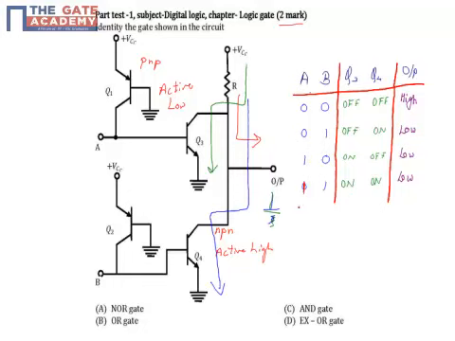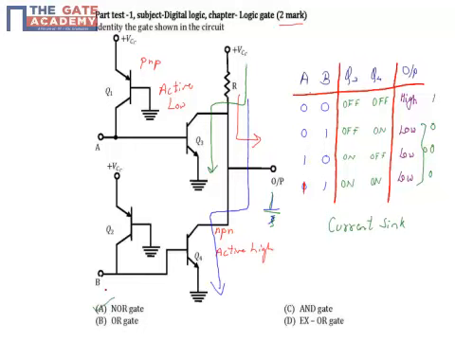So for these 3 cases we have a condition of current sink, which makes my output low. Only if both transistors Q3 and Q4 are off will I get the output high. If I compare this output 1, 0, 0, 0 with the logic, this is nothing but a NOR gate.